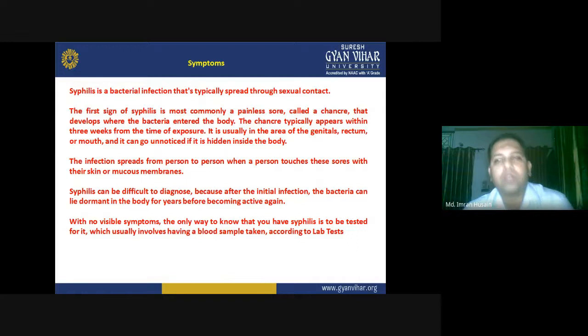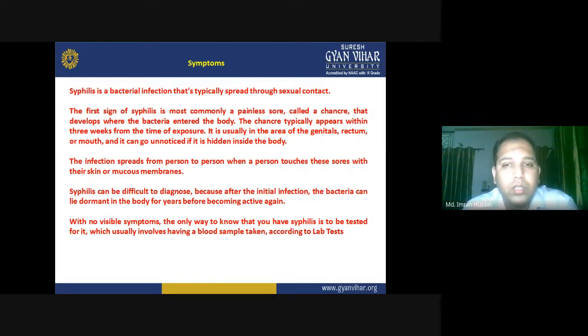Symptoms. Syphilis is a bacterial infection that typically spreads through sexual contact. The first sign of syphilis is most commonly a painless sore called a canker that develops where the bacteria entered the body. The canker typically appears within 3 weeks from the time of exposure.